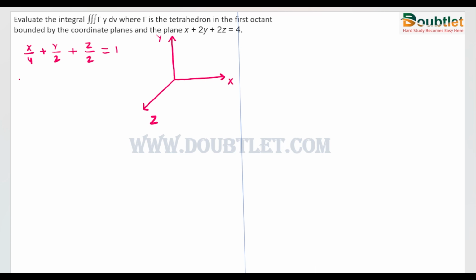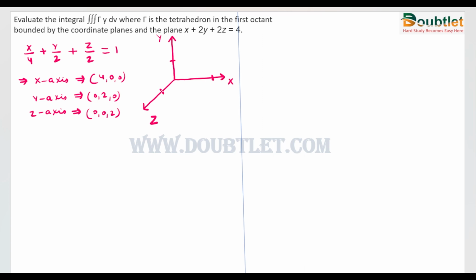If we look at the intercepts, on the x axis it will intersect at 4, 0, 0. On the y axis it will intersect at 0, 2, 0, and on the z axis this plane will intersect at 0, 0, 2.